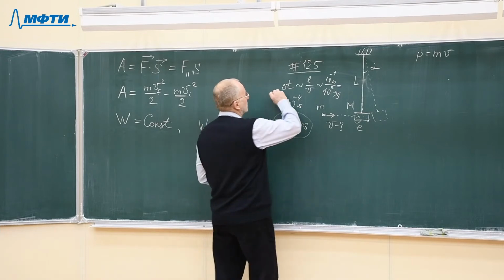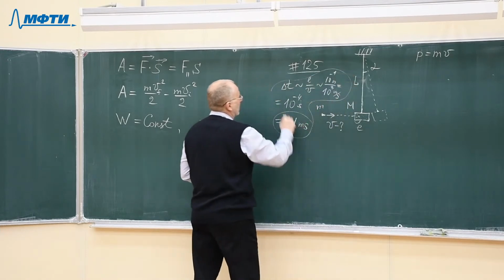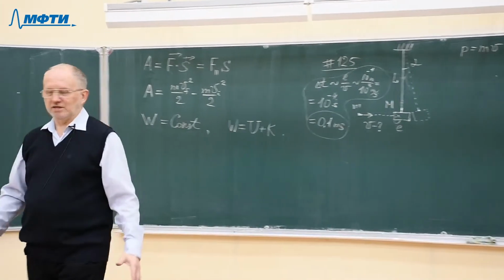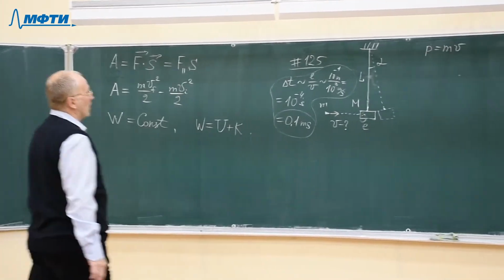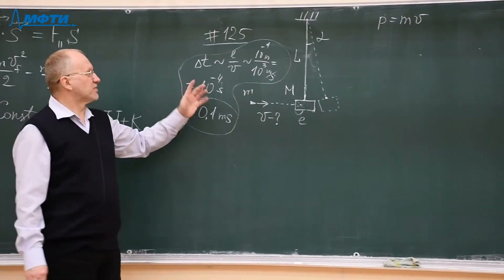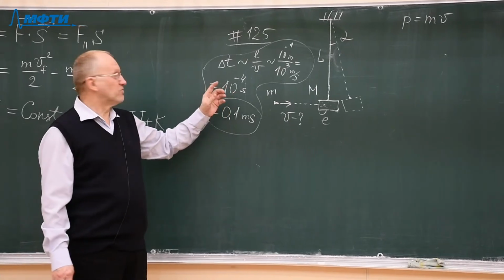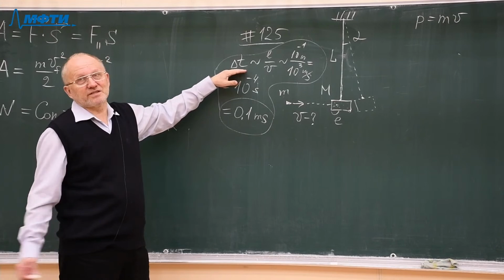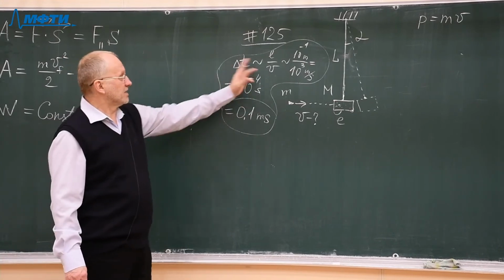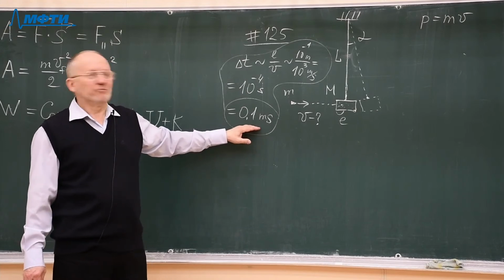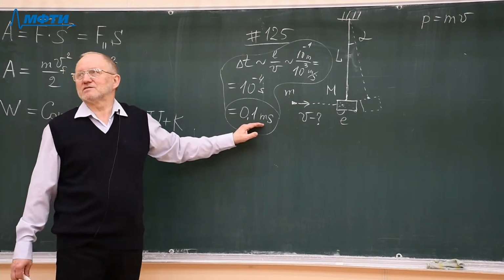This is not a strict calculation, but a calculation of the order of magnitude. We just approximately evaluate what this quantity may be, whether it's large or small. And we can easily estimate that it's less than 1 millisecond.